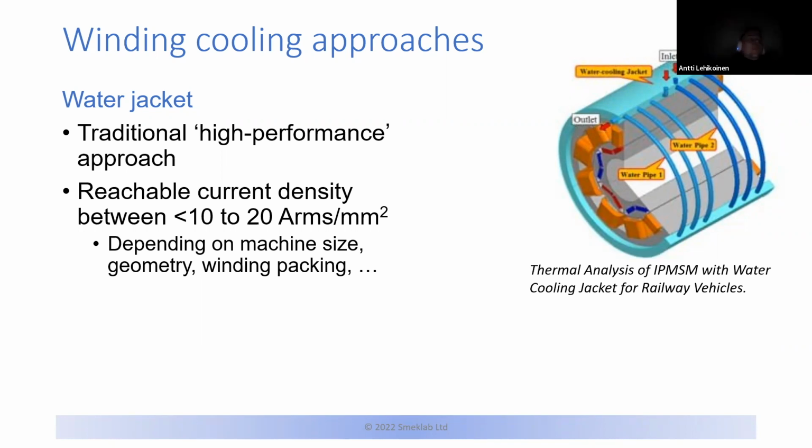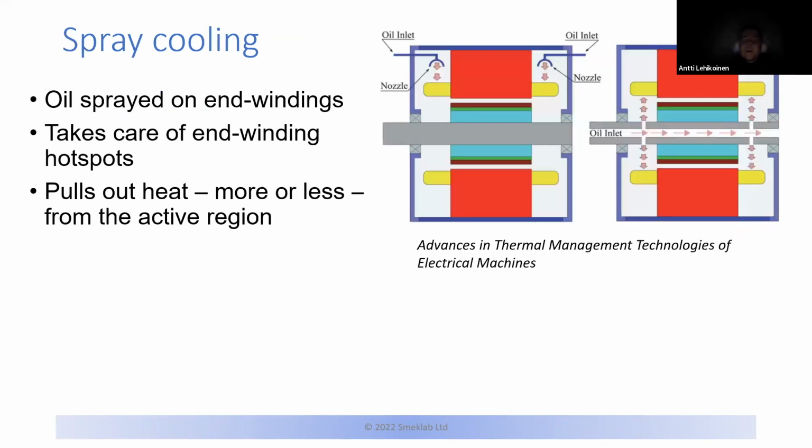It's like the traditional high performance approach, and with it you can reach something between sub 10 to 20 amps per square millimeter. The common rule of thumb is like 15, but I wouldn't trust that because it depends so much on the size of the machine and the winding packing and stuff like that. So that's like the easiest, most common high-end approach, let's say.